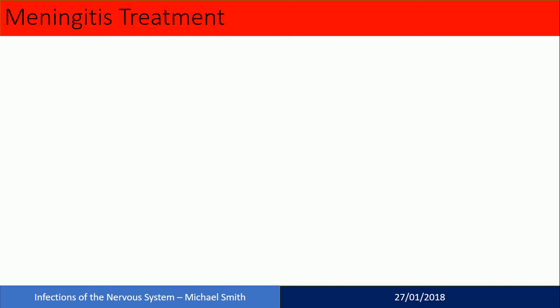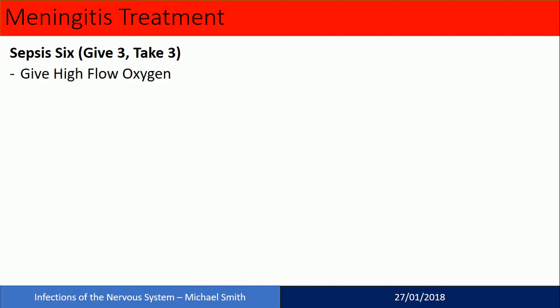In order to treat meningitis, you first want to consider if the patient has sepsis, and then you'll give the sepsis 6, which I remember as give, take, give, take, give, take. You start by giving high flow oxygen, and you then take blood cultures.